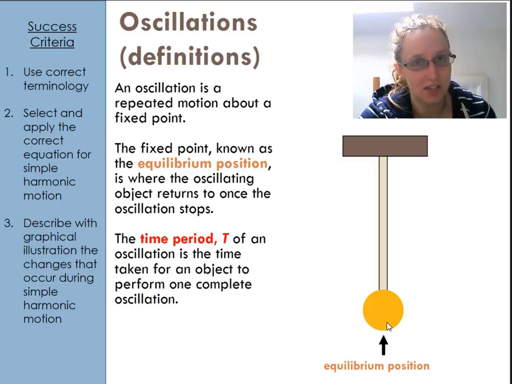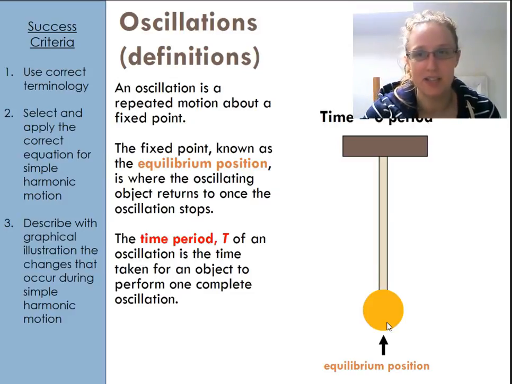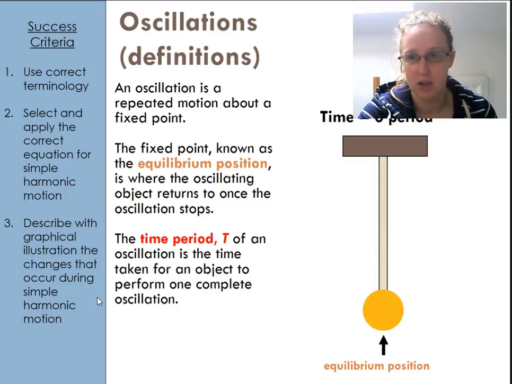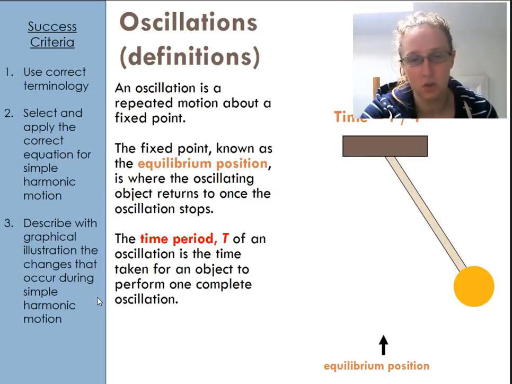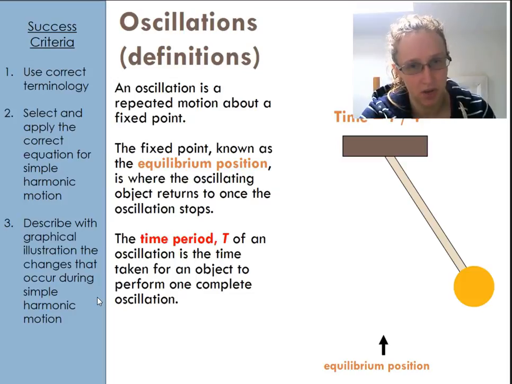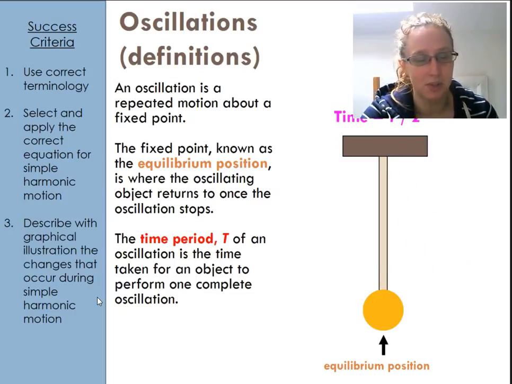With the oscillation, that's not quite true, because when the time is 0, it's going to be in the equilibrium position. And it's then going to move away from the equilibrium position. Once it's a quarter of the way through its time period, it will be at its maximum amplitude, the furthest away to one side. It's then going to move back towards the equilibrium position.